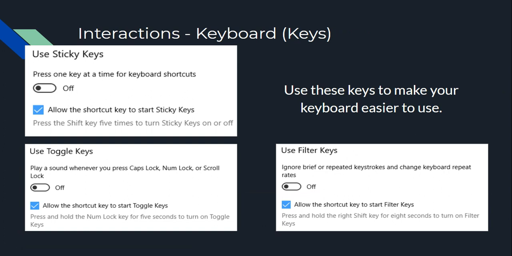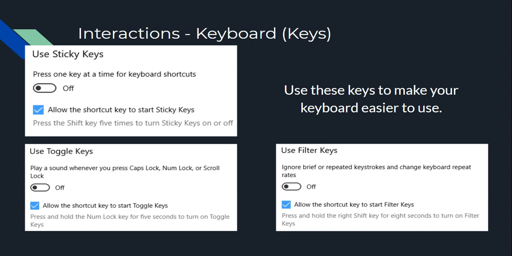On a keyboard, you also have sticky keys, toggle keys, and filter keys. You can use these keys to make your keyboard easier to use. Sticky keys means that you can press one key at a time for keyboard shortcuts, where toggle keys play a sound whenever you press caps lock, num lock, or scroll lock.